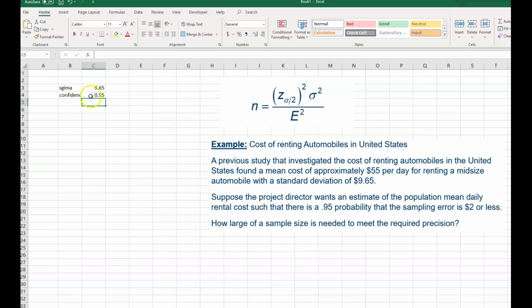The sample error, actually the margin of error, is $2. I'm going to make it a little bigger.